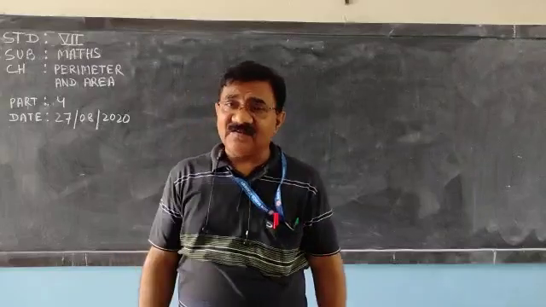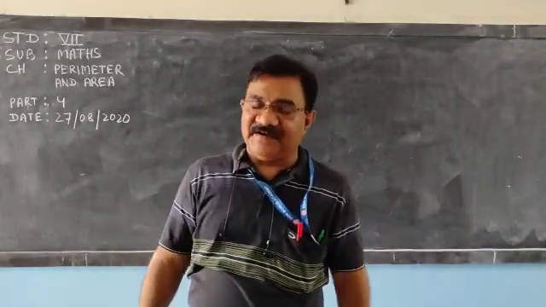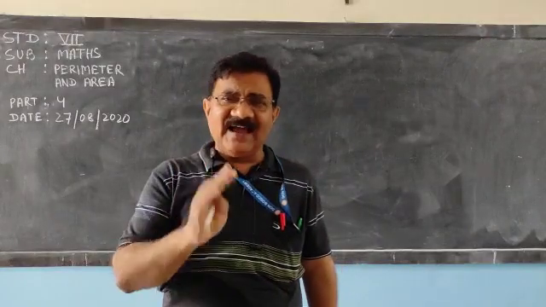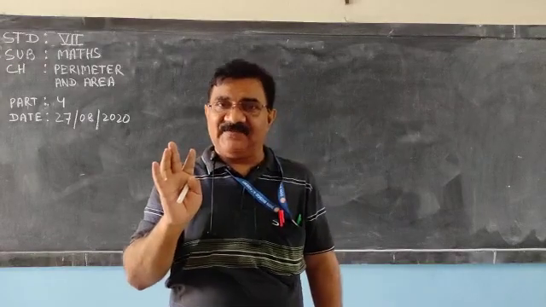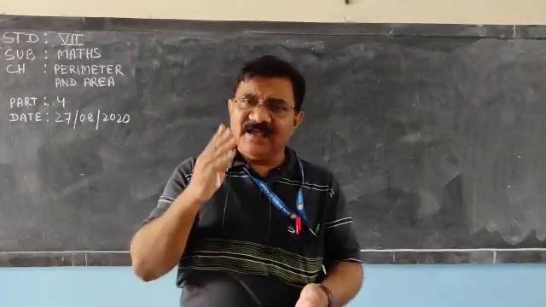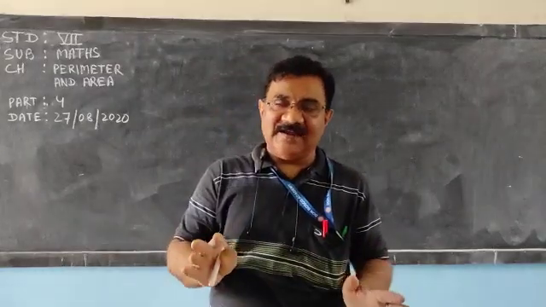We have discussed that if the base and height of a triangle are given, then the area of the triangle is equal to half into base into height.